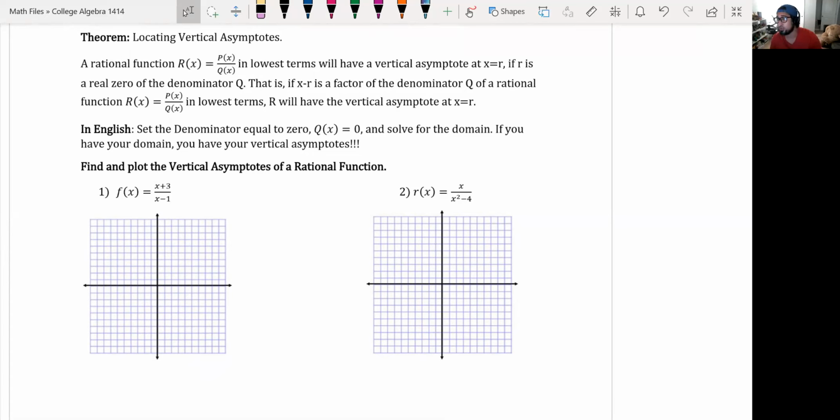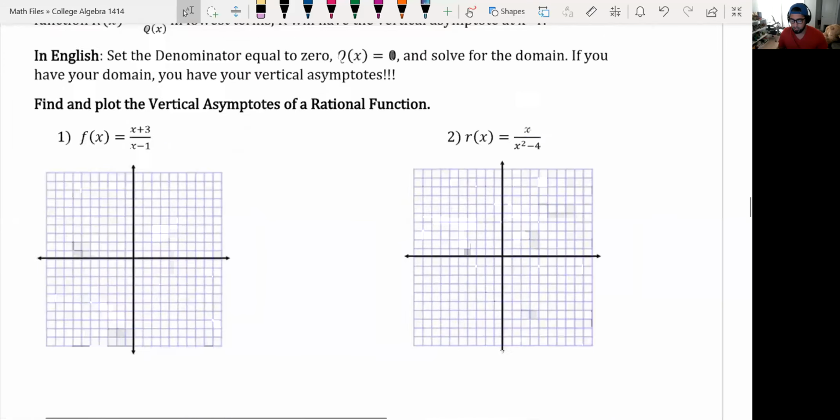Those are not only part of your domain, those become your vertical asymptotes as well. It's easy money and it's free points. So if you have your domain, you have your vertical asymptotes.